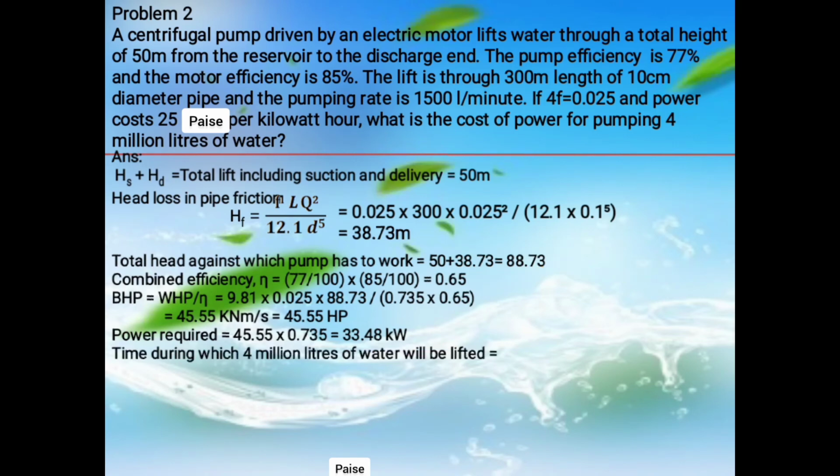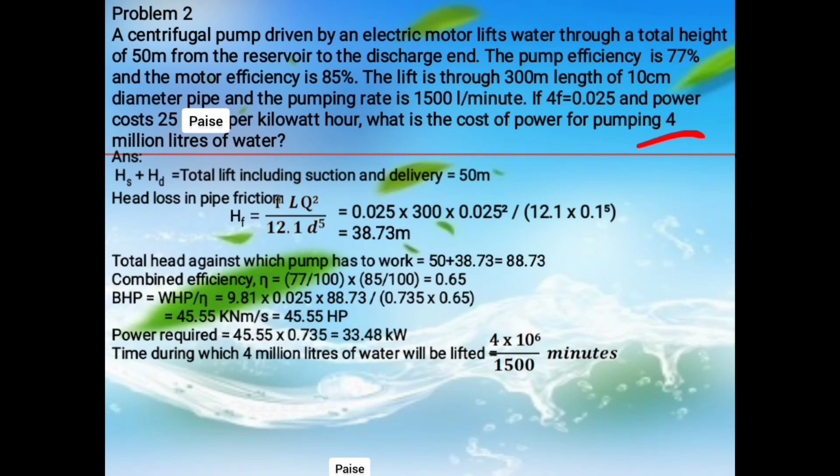Then we have to find out the cost of power for pumping 4 million liters of water. For this, first find out how much time is required for pumping 4 million liters of water. A time during which 4 million liters of water will be lifted, that is equal to, in 1 minute 1500 liters.